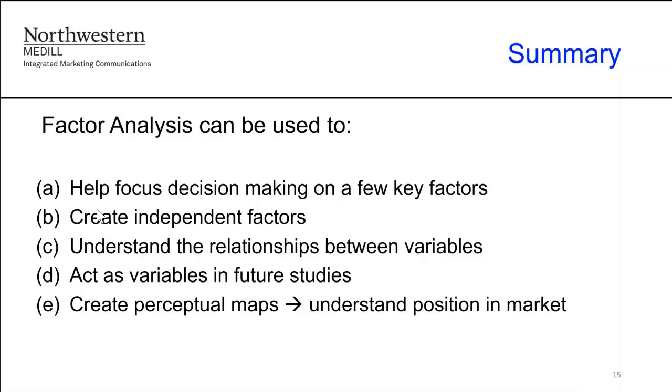So factor analysis helps focus decision making on a few key factors, and factor analysis creates independent factors. That means going back to the default example, we use the factors as independent variables in the regression model. So we can create these independent variables using factor analysis. And then we understand the relationships between variables, how close the variables are or how different they are.